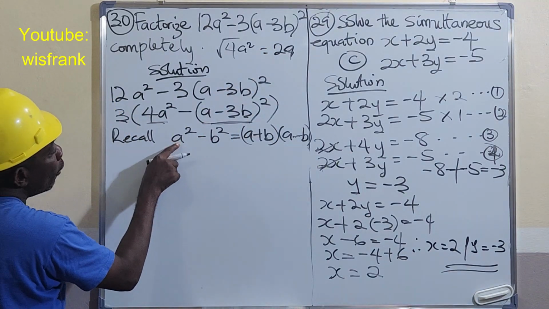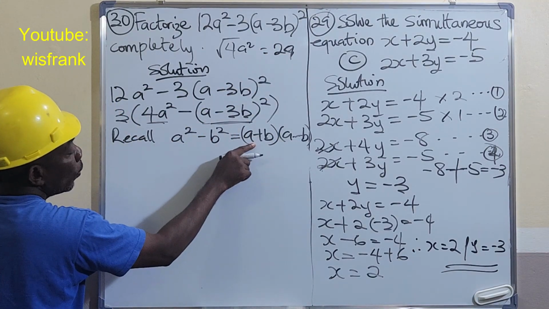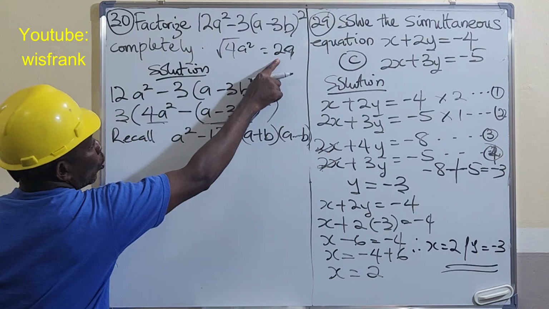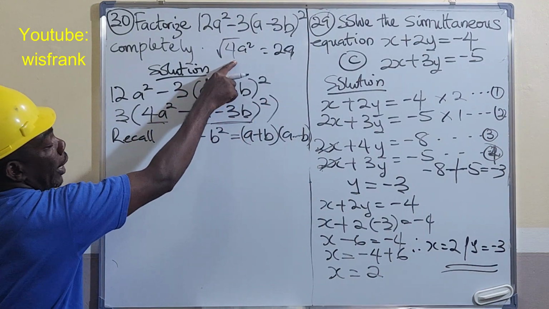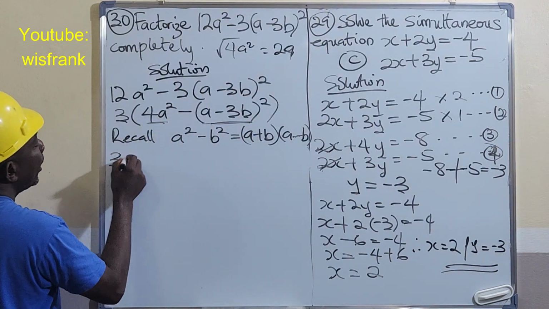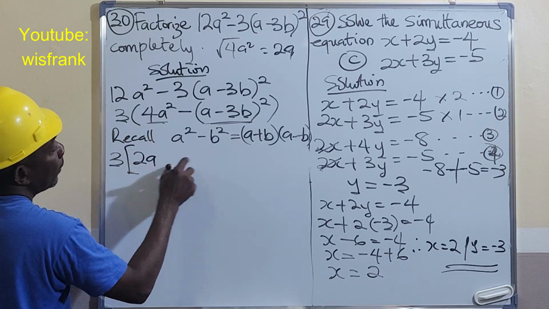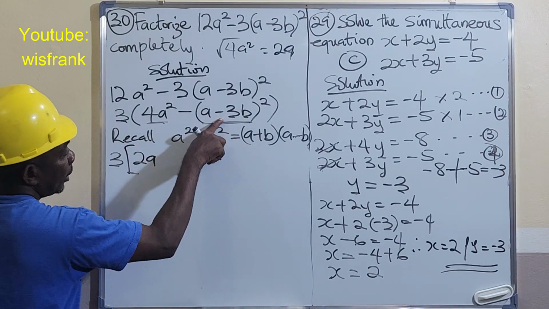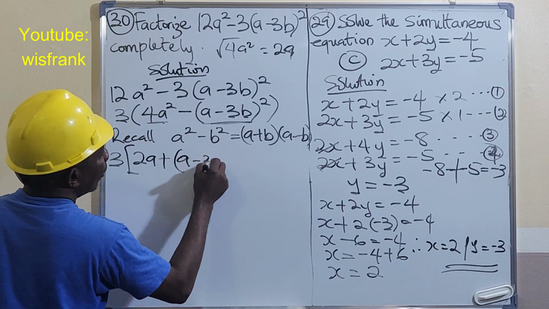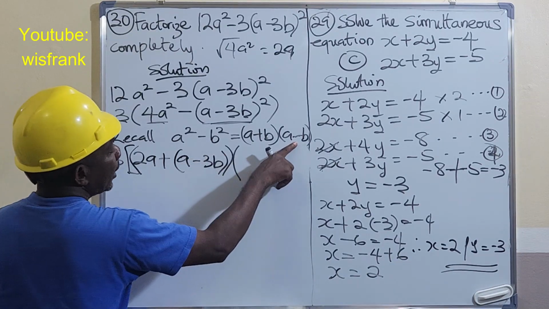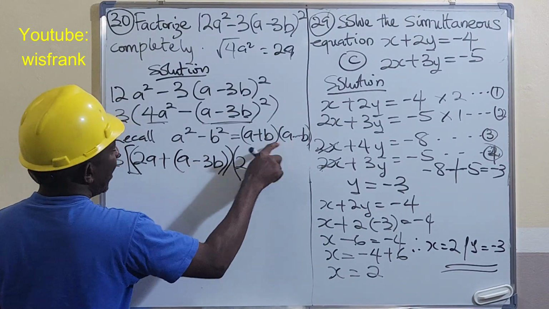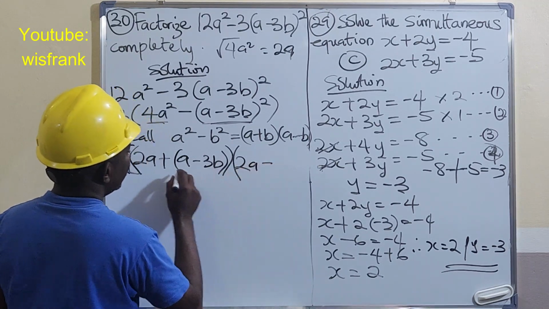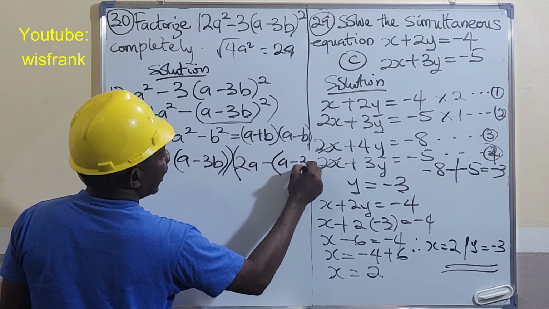So we have 3 all into 2a plus the whole of this, which is a minus 3b. Then we take the other one, the 2a, minus a minus 3b.